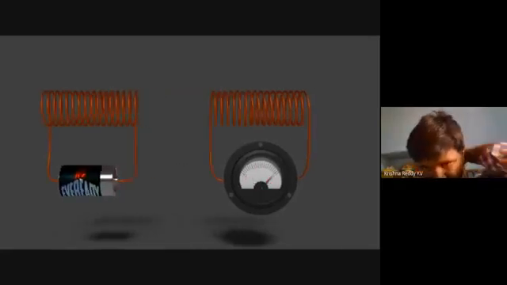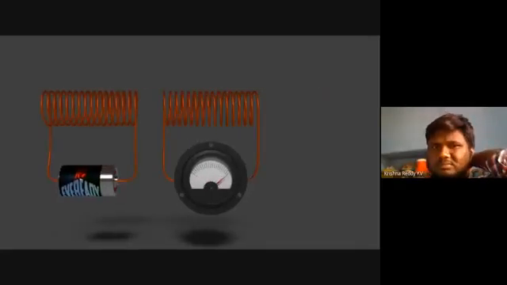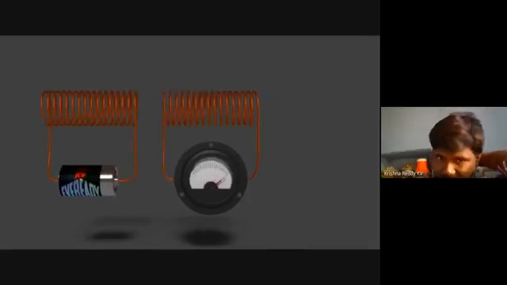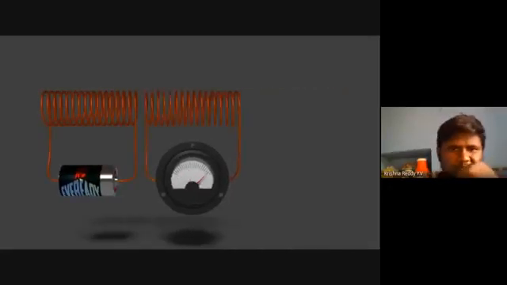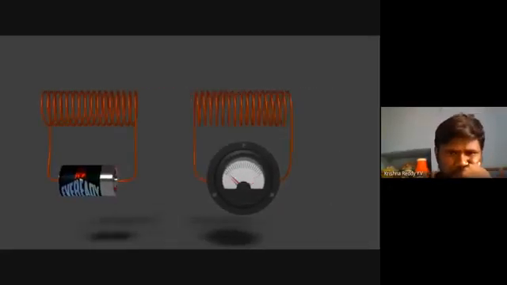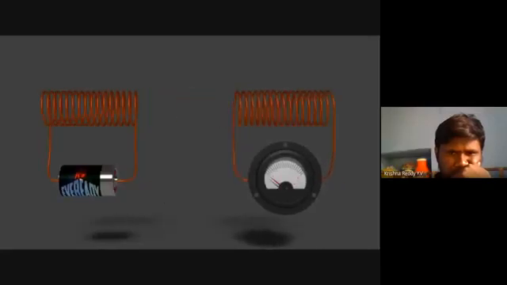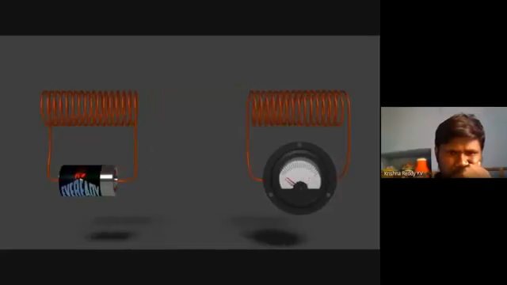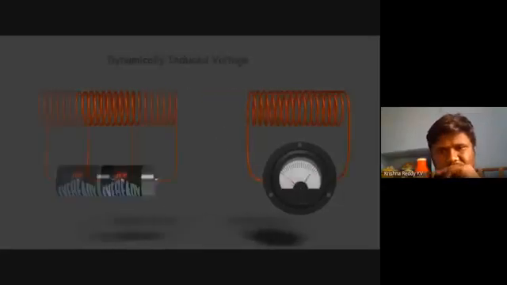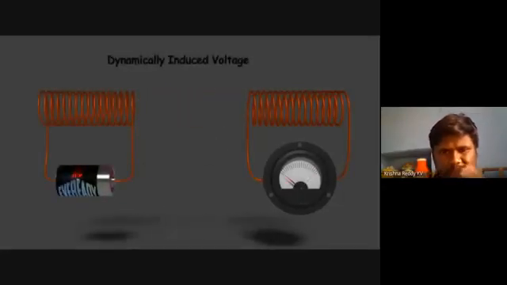So we can now conclude, whenever a coil or any other conductor comes under the influence of changing magnetic flux, there is a voltage induced in it. The voltage induced due to movement of the conductor or magnetic field is called dynamically induced voltage.